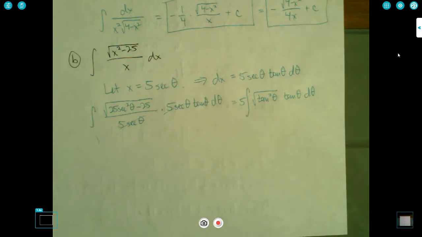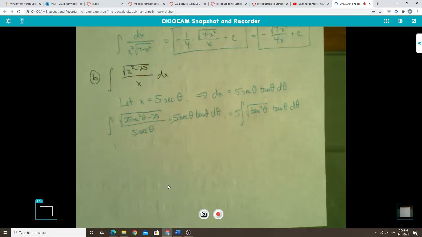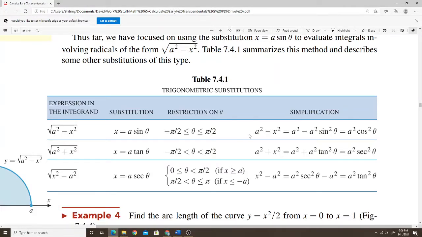You know what? Okay, so hold on a sec. So this is why it's important that we pay attention to this, right? So we've got some restrictions here on theta. So we've got this situation. So theta is between 0 and pi over 2.